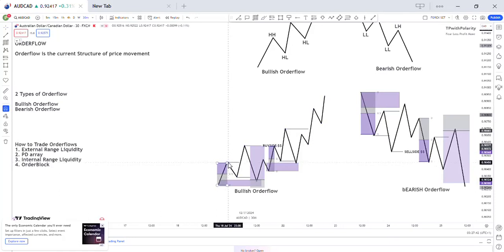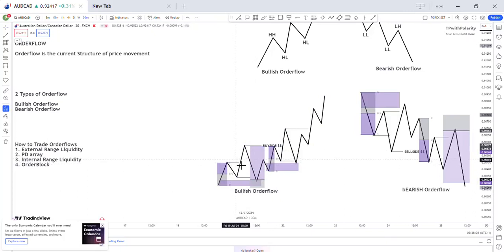Liquidity is always lying above an old high, in the form of buy side liquidity. Up is the buy side, down is the sell side. That is the basic explanation. So above an old high there's a liquidity, and that's your buy side liquidity.